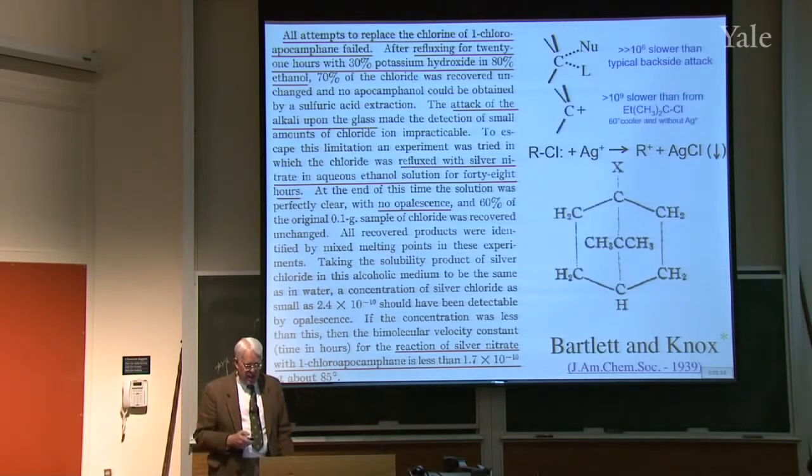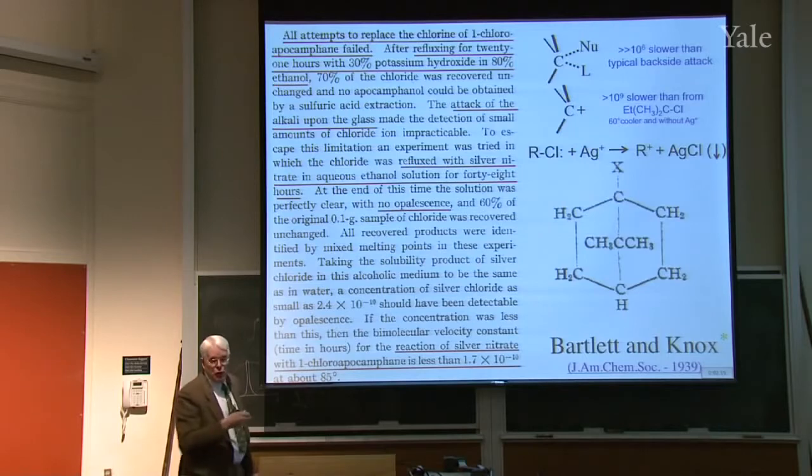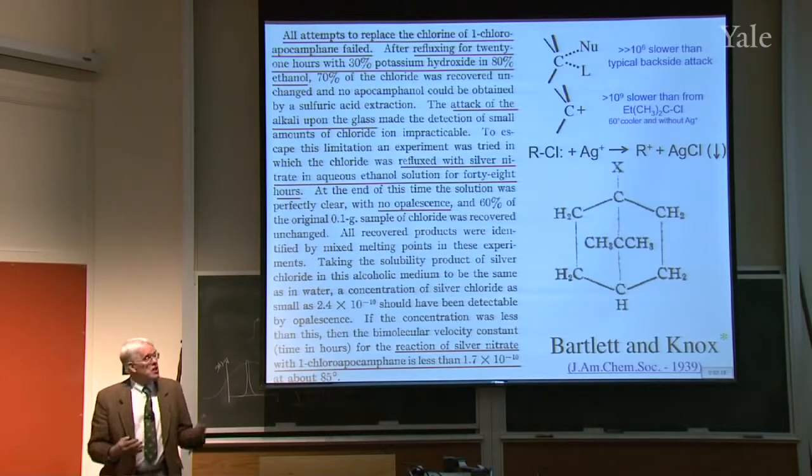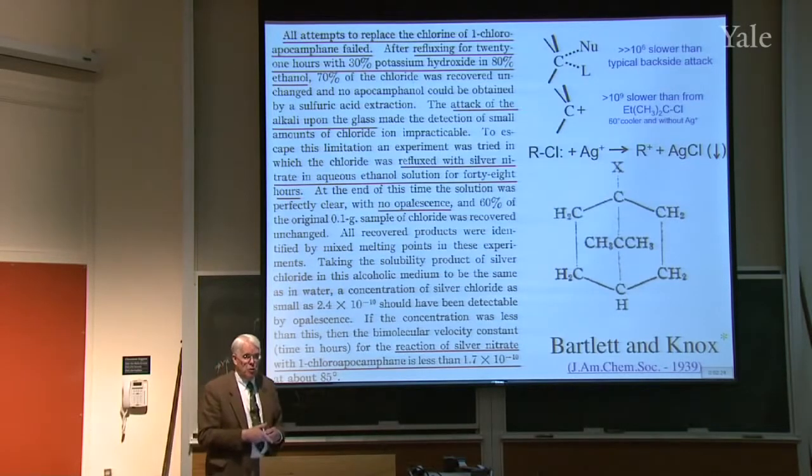Now, the reaction in this one, this compound, so it's carbon that has 2 methyls and an ethyl on it, that one is at least 1 billion times slower than that. And when this one was measured, it was done 60 degrees cooler and without the silver pulling on it. So it's many, many, many powers of 10 more difficult to form this cation when it's bent.